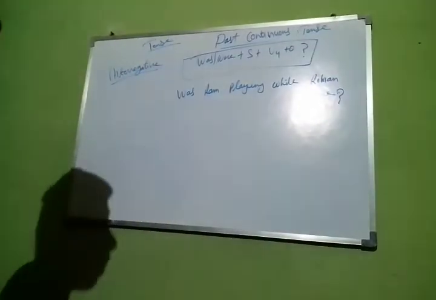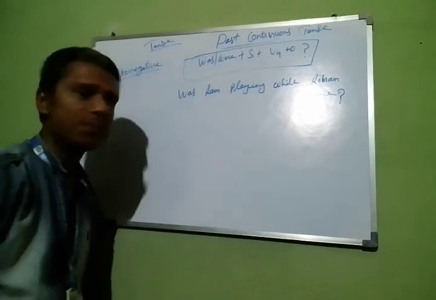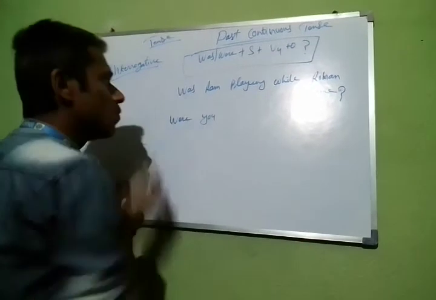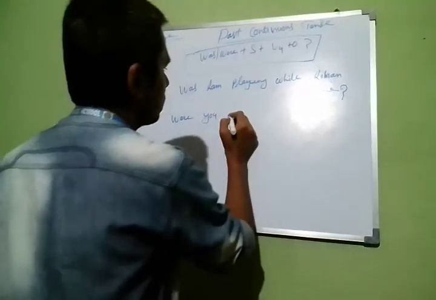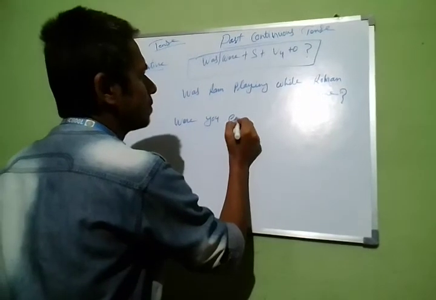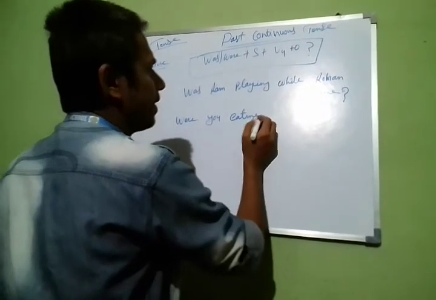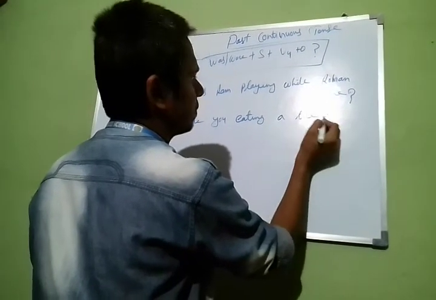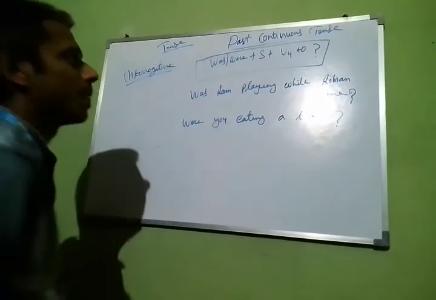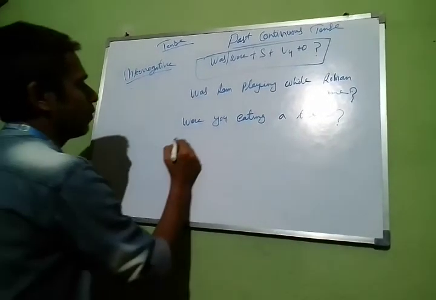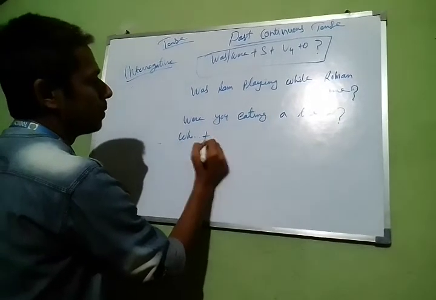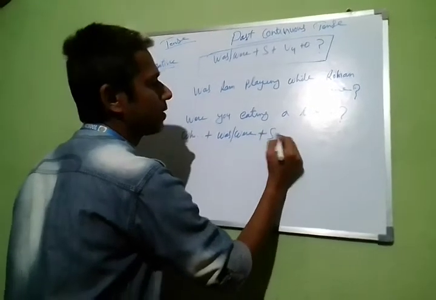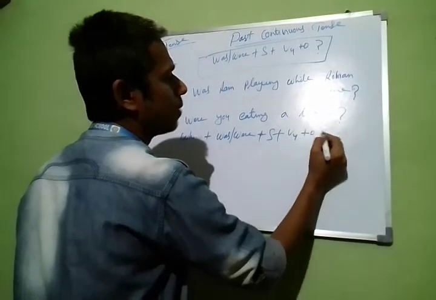Was Ram playing while Rohan came? क्या राम उस वक्त खेल रहा था जब भी रोहन आया? Were you eating a bread? Okay, and WH interrogative would be WH word plus was/were plus subject plus V4 plus object.